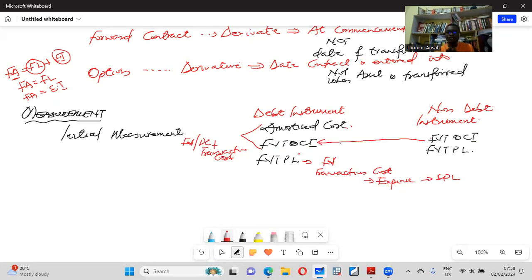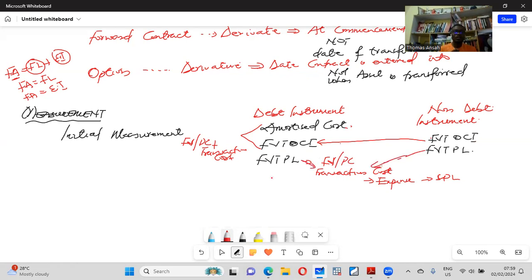You have to add the issue cost, which is the transaction cost, all right, to the financial asset. Is that okay? So if it is fair value through P&L, that one, please, I didn't say subtract the transaction cost from the fair value. No, I said don't add it. Treat it as what? An expense in the P&L. So in fair value through P&L, all you need is the fair value or the purchase consideration. All right. Transaction costs are treated in the P&L. All right. So take note of that.